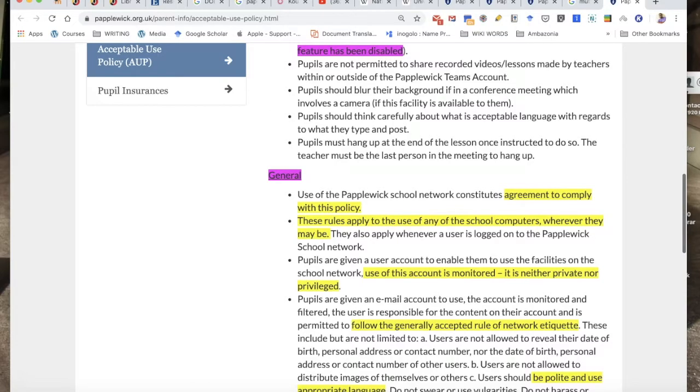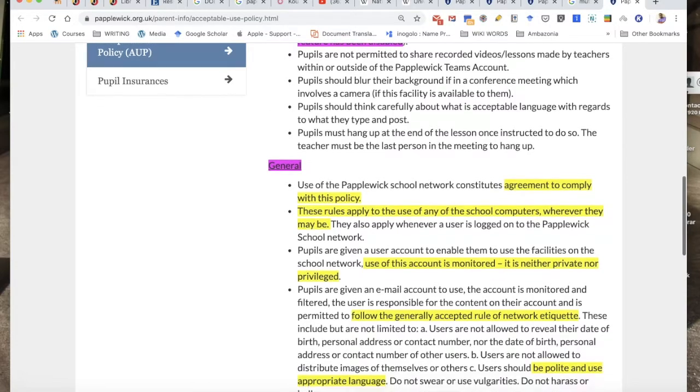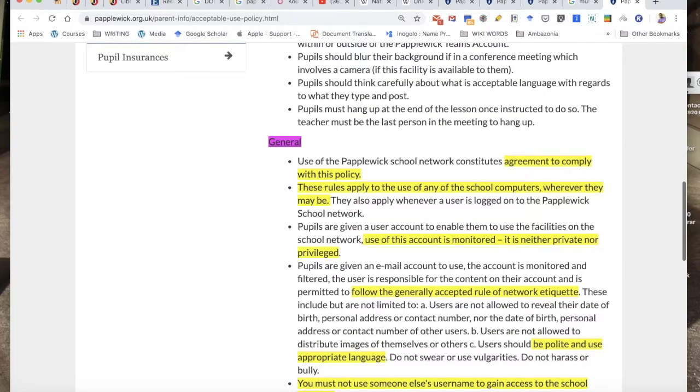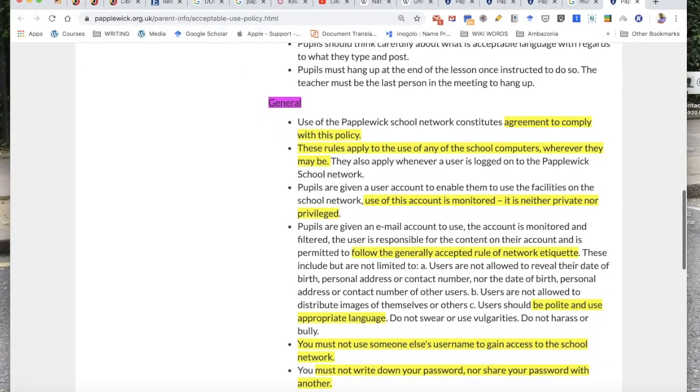Everybody must agree to these policies, and these rules apply to use of school computers wherever you are using them. You have to use these rules. Remember that your account is monitored. You have to follow all the generally acceptable rules of network etiquette in the school.